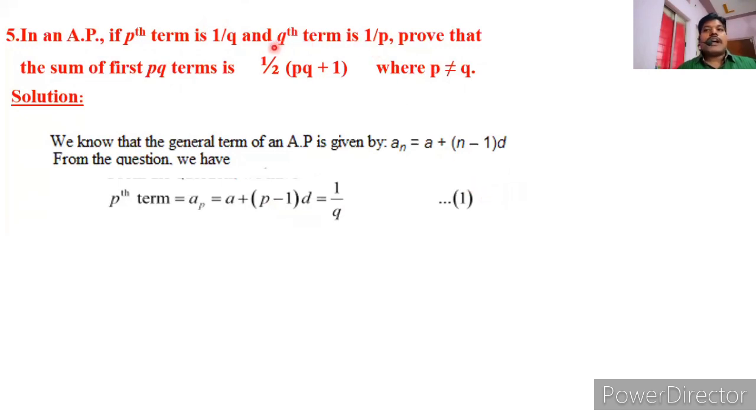Similarly, what is the qth term? The qth term is nothing but aq. The nth term is a plus n minus 1 into d, so the qth term will become a plus q minus 1 into d. That value is already given as 1 by p.